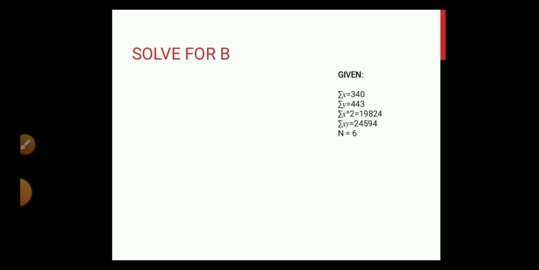The given is the same, and this is the formula. b is equal to the nth number times the summation of x times y minus the summation of x times the summation of y, over the nth number multiplied by the summation of x squared minus the summation of x quantity squared.